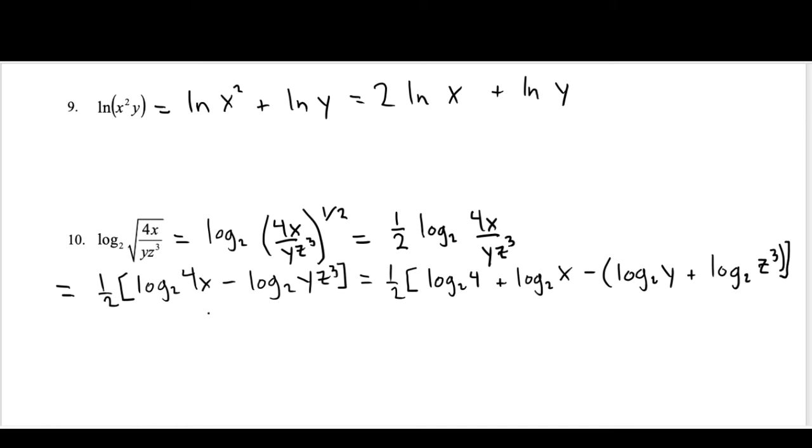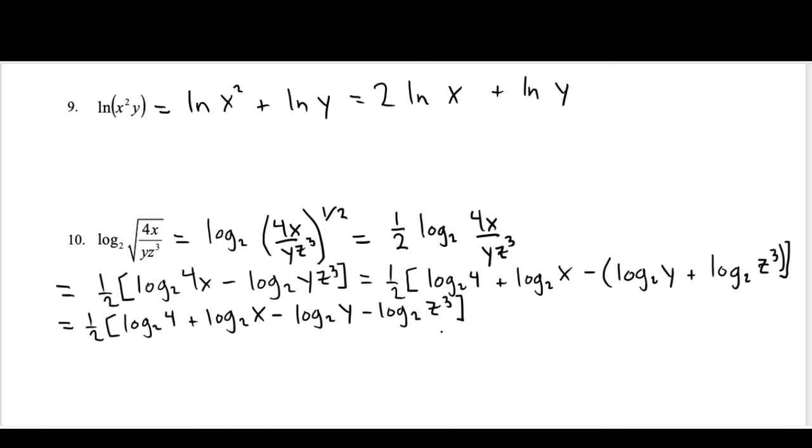And let's go ahead and write that without the parentheses. This is equal to 1/2 times the quantity log base 2 of 4 plus log base 2 of x minus log base 2 of y minus log base 2 of z cubed.